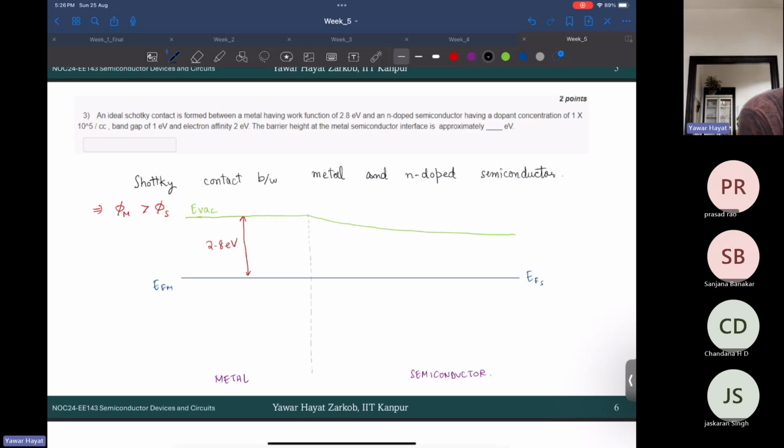Okay, just a second. The band gap is 1 electron volt. This is an n-doped semiconductor. Okay, done.